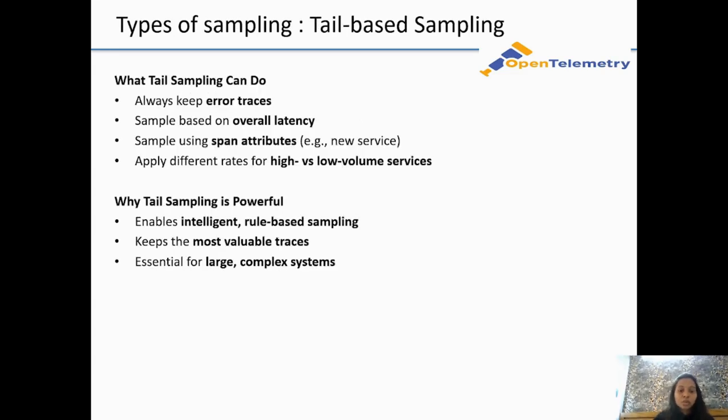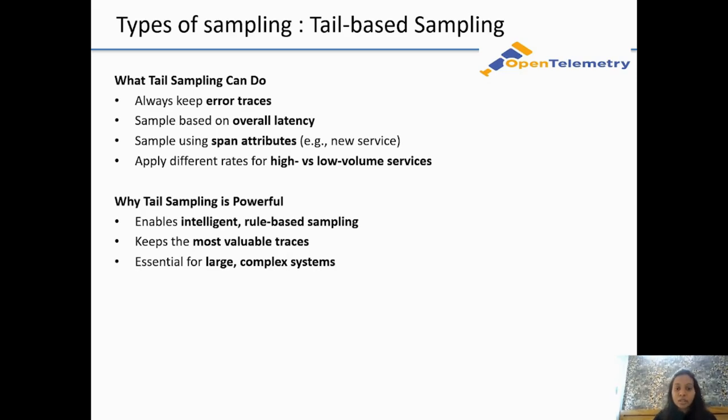If we consider an example, whenever the request completes, tail-based sampling comes in, the entire trace is analyzed, and a decision is made on which traces to keep and which to drop. Because of this, tail-based sampling is much more intelligent.